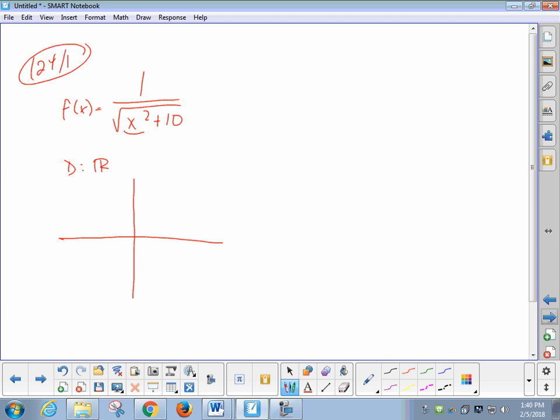So yes. Okay, so 0, 1 over root 10, which is practically maybe 1/3-ish. Very small. And as x increases, the function will decrease, and y is always positive, and it's even.